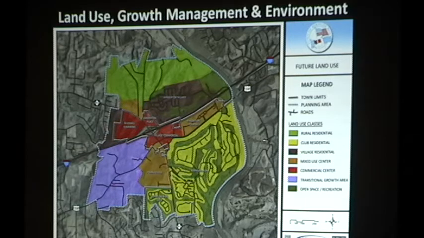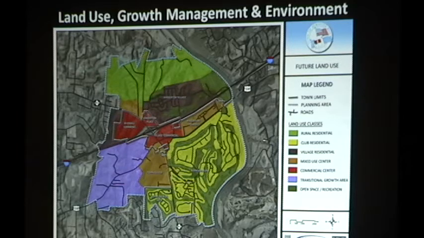The red area is considered commercial center, and that includes some of the more highway-oriented development, which we're calling village commercial there at the intersection of 158 and 801. There's the Lowe's shopping center area that's shown as commercial center, as well as the future hospital development, which is the larger red area called River Hill Commons.